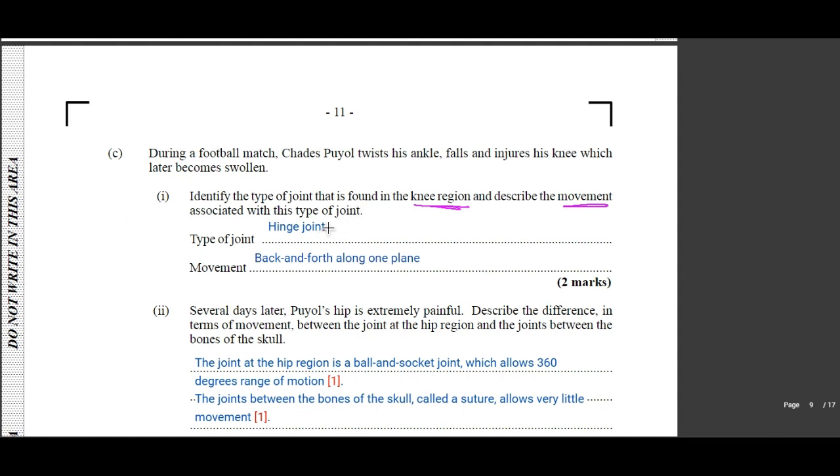So we know the knee region is your hinge joint, and the type of movement you're going to get with your hinge joint is back and forth along one plane, right? So it's like it's going this way and that way, right? Back and forth. And yeah, that's your 2 marks there.